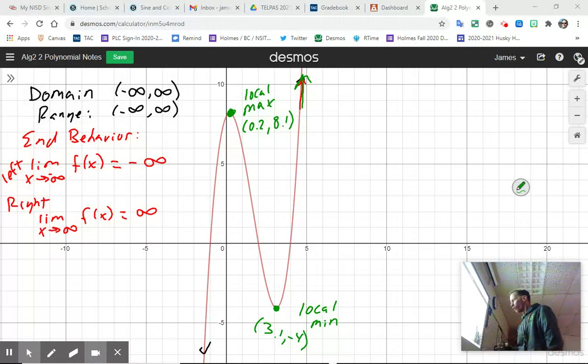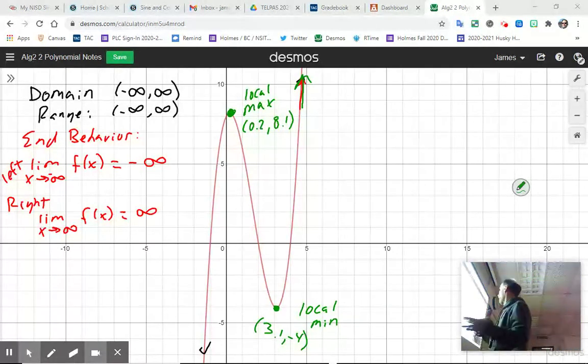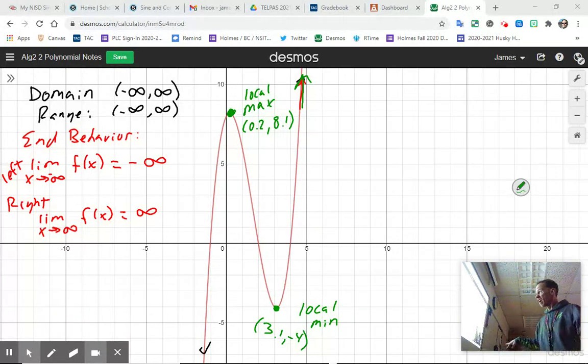Again, not too worried about the exact points, but we need the points for the next thing we're going to talk about, which is increasing, decreasing intervals. By the way, we also talked about this absolute max or absolute minimum. There's none in this case because, again, the graph goes on forever to the top and to the bottom.